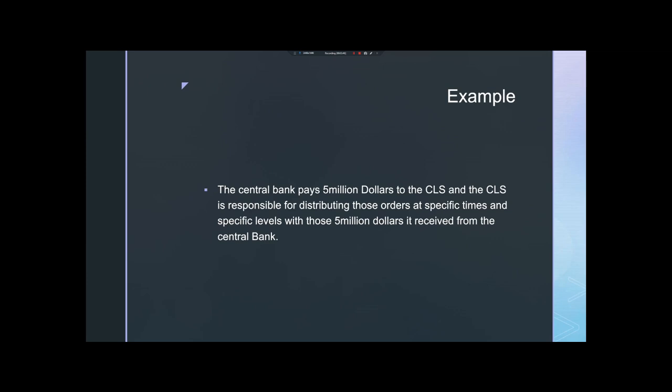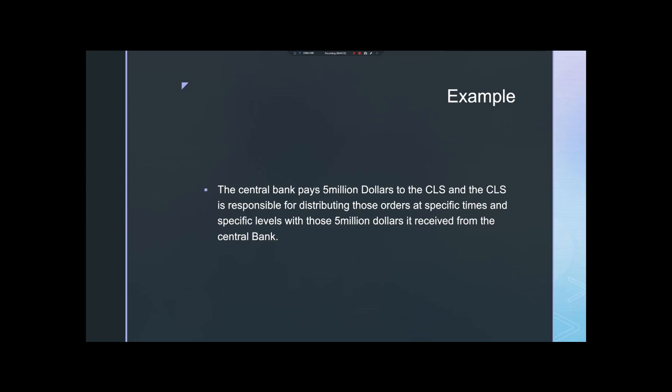Of course, I can also tell you that this is the world's largest payment system, with something like between 70 and 90 banks, big guys, working with the CLS, booking orders with the CLS.